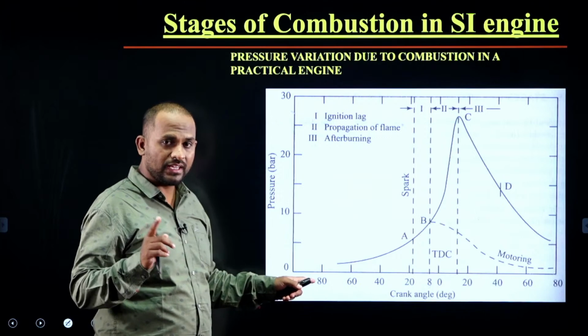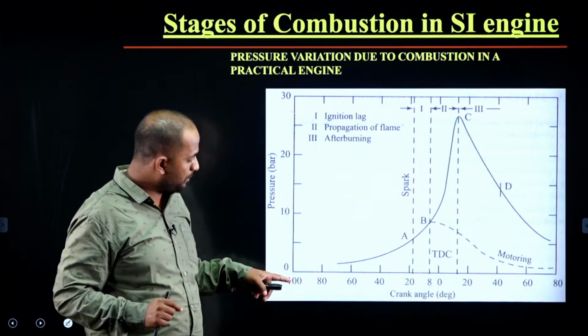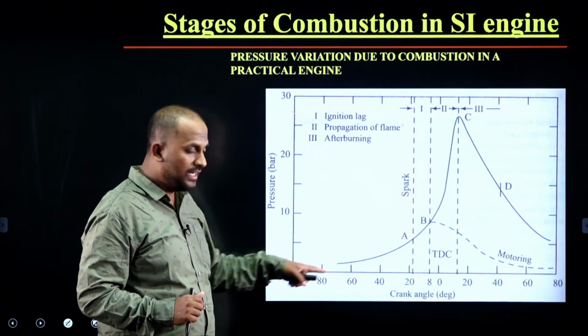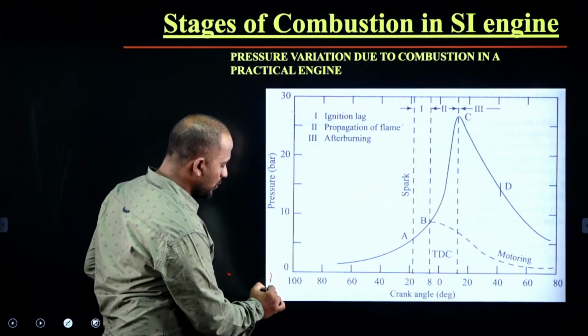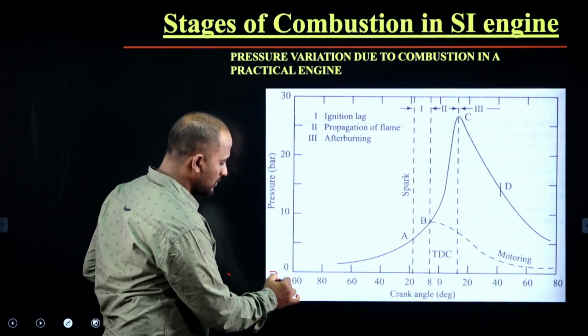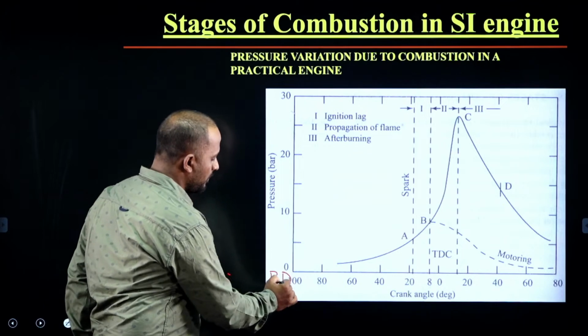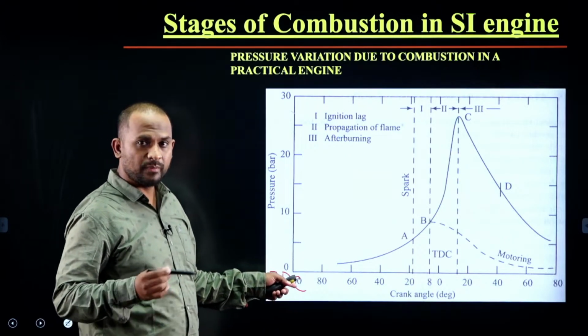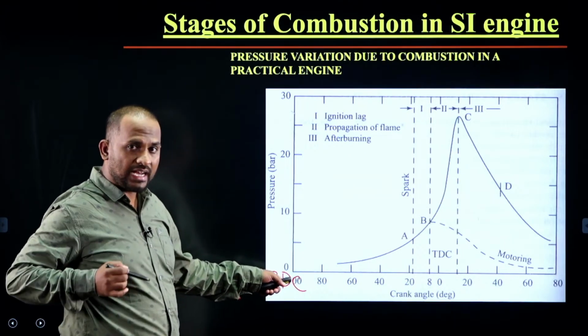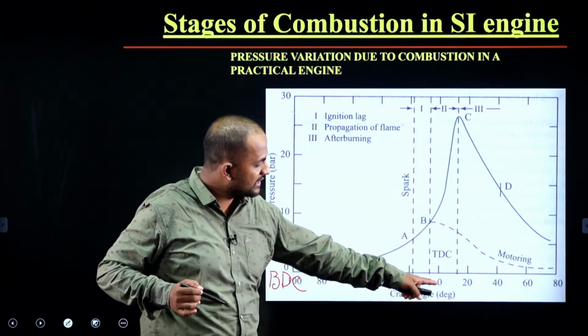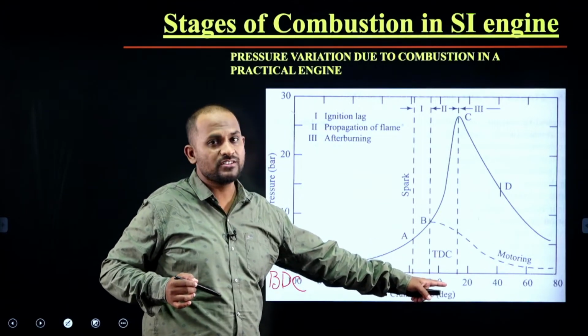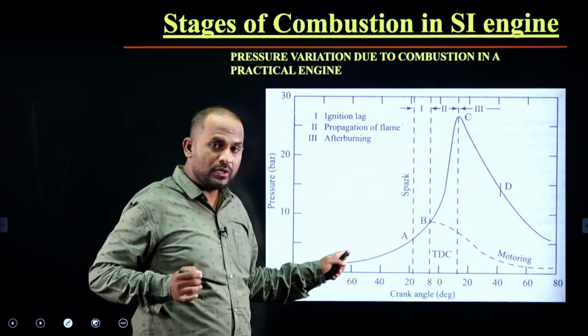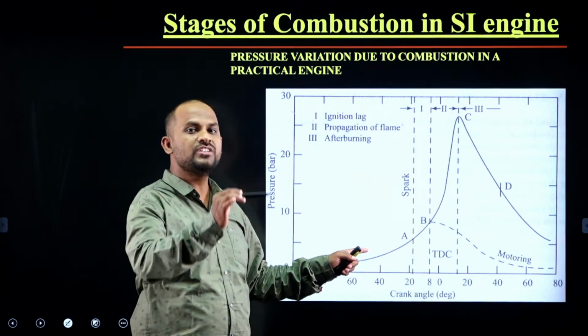Now in this actual one, the piston will be moving from the BDC crank angle towards the TDC, where TDC is taken as the 0 angle. Because of that, initially the pressure will be increasing.